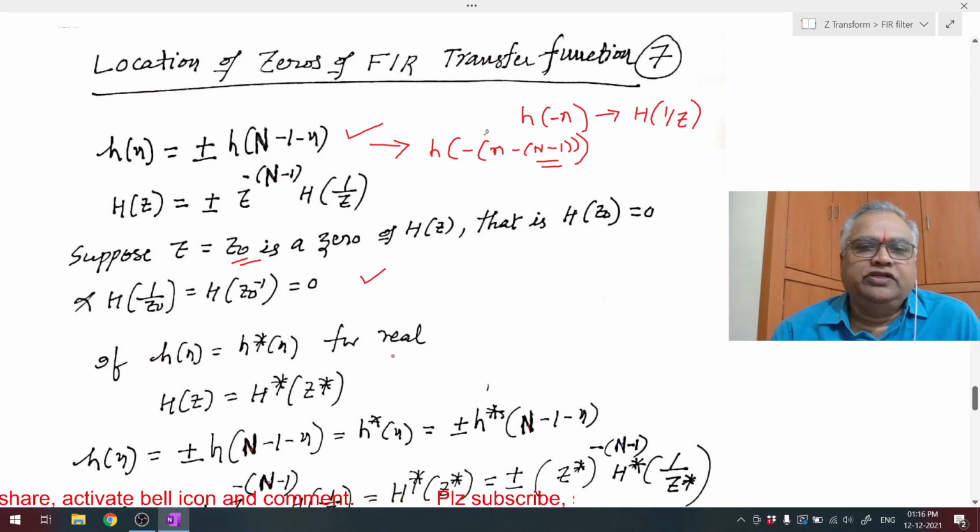Then if h of n is real, means h of n equal to h star of n, any real complex conjugate also same. Then what is the Z transform of this? H star of n Z transform is H star of Z star.